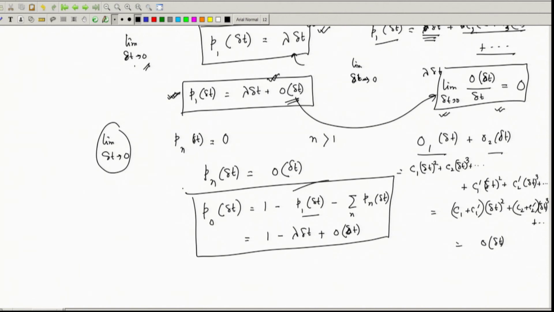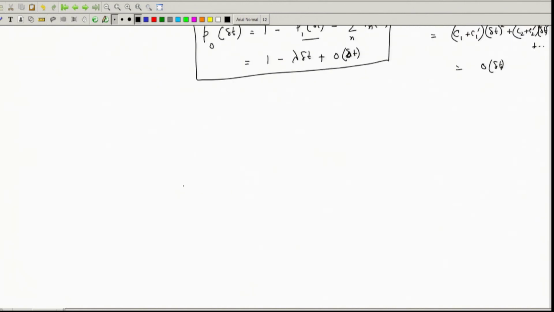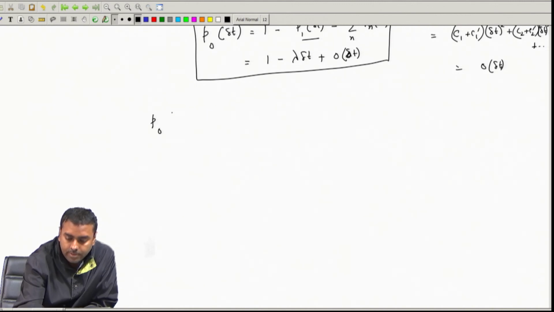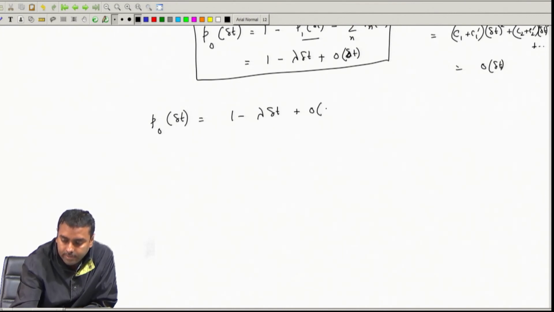So, what we have done, just by this non-simultaneity principle, we could characterize the whole thing. We could mathematically define the whole thing. If we just summarize the definitions: P 0 delta t is nothing but 1 minus lambda delta t plus O delta t. P 1 delta t is lambda delta t plus O delta t.